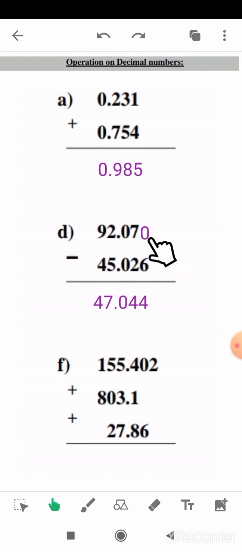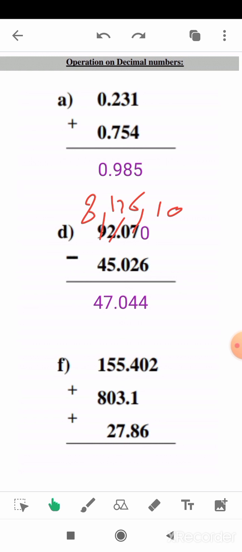So we have here minus, so 0 minus 6 can't be, so we will borrow from 7, and 7 will be 6, and 0 will be 10. 10 minus 6 equal 4, 6 minus 2 equal 4, 0 minus 0 equal 0, and the decimal point. Okay, 2 minus 5 can't be, so we will borrow from 9. 9 will be 8 and 2 will be 12. 12 minus 5 equals 7, and 9 minus 4 equal 4.